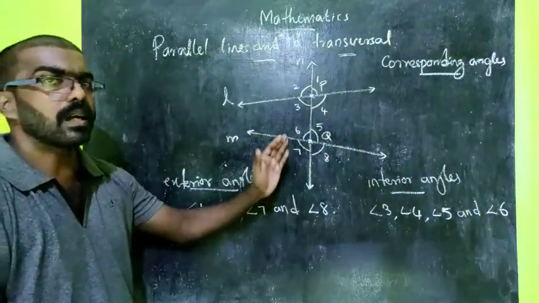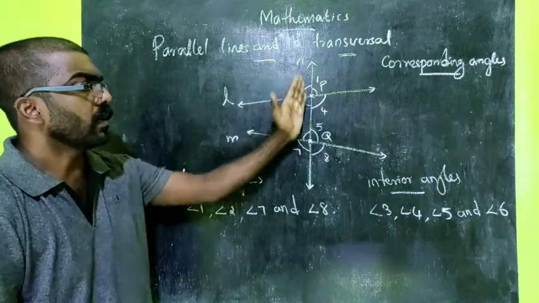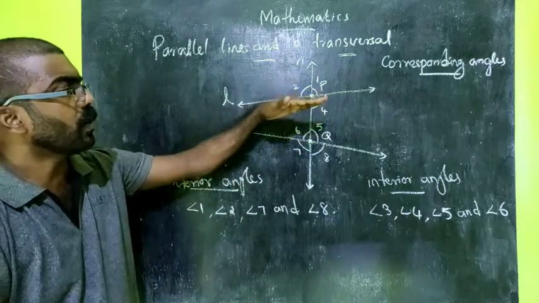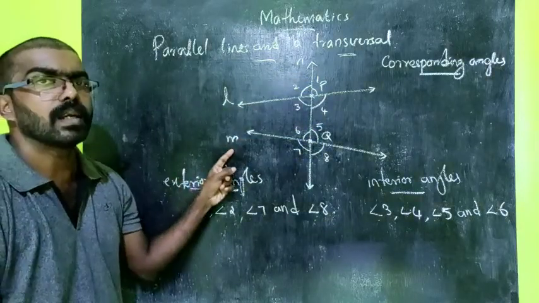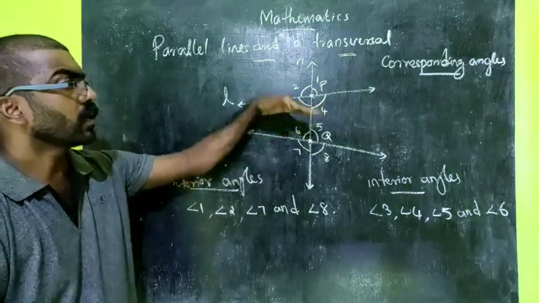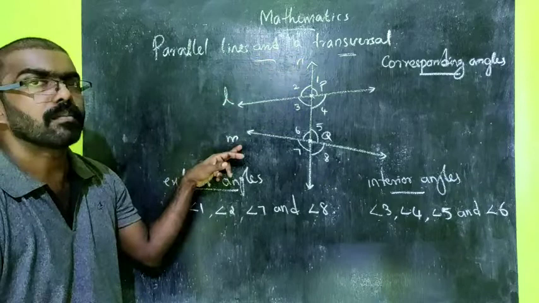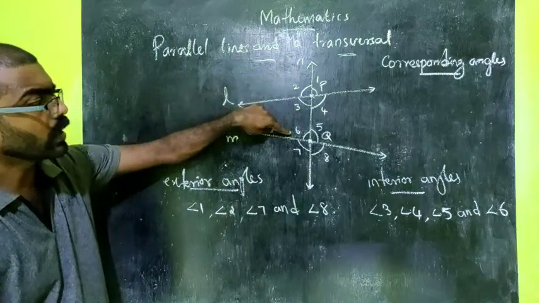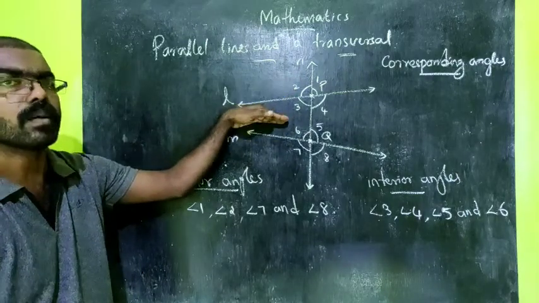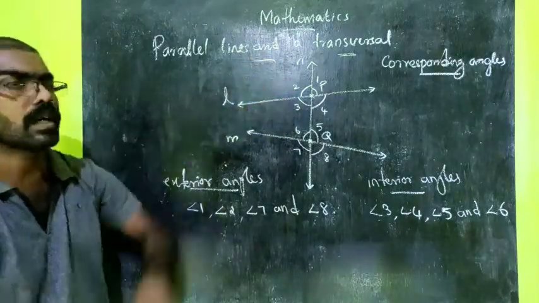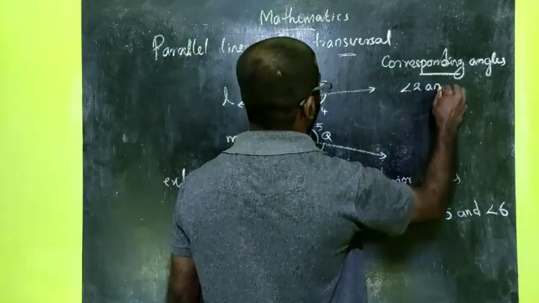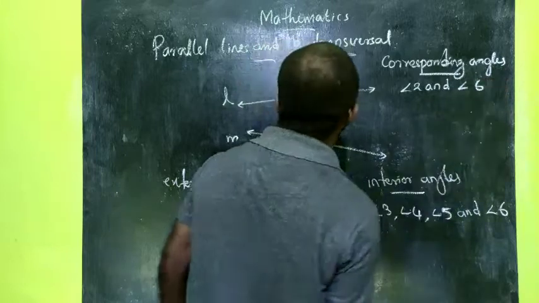Here we can take the angle on the left of the transversal N, and on the top of these two lines L and M, and they are 2 and 6. Left of N, top of line L, top of line M. So here 2 and 6 are corresponding angles. So one pair is angle 2 and angle 6.